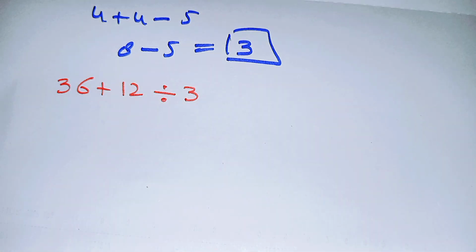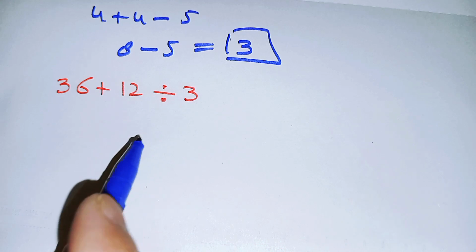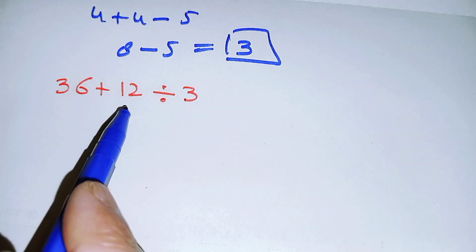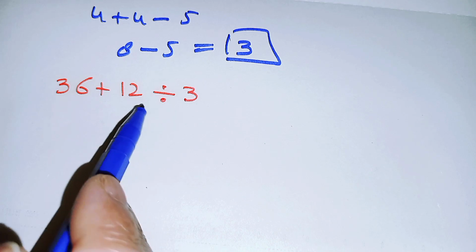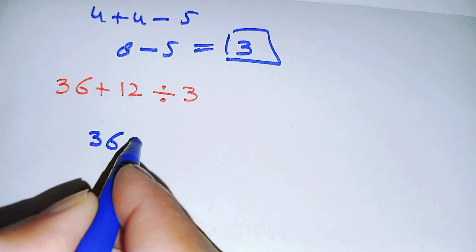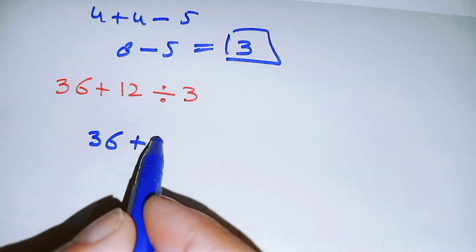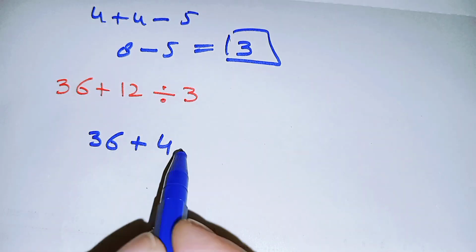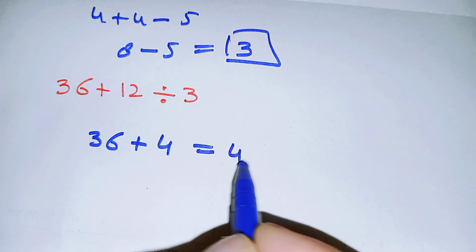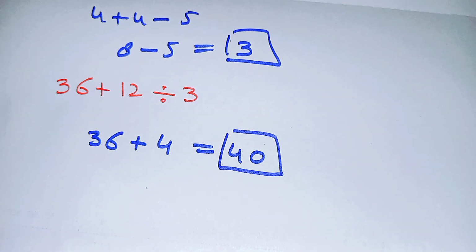There is no bracket seen, and the next step is divide. So we solve this divide: 12 divided by 3 is equal to 4, and 36 plus 4 is equal to 40. Here we apply the correct BODMAS rule.